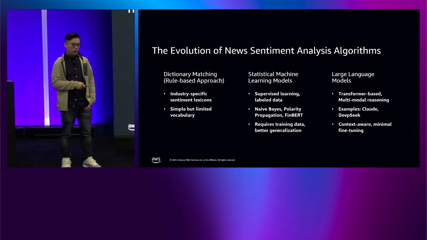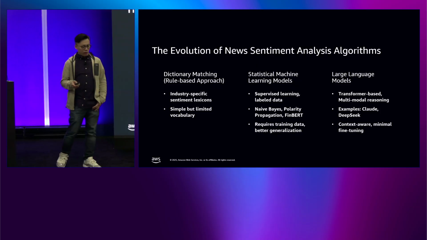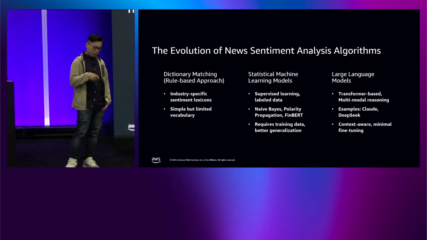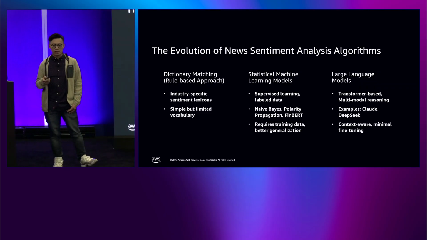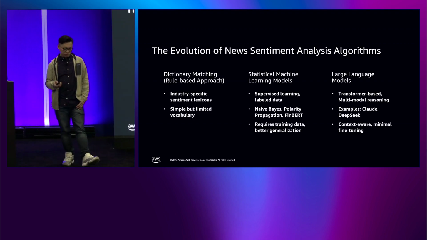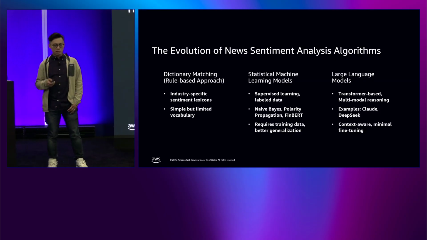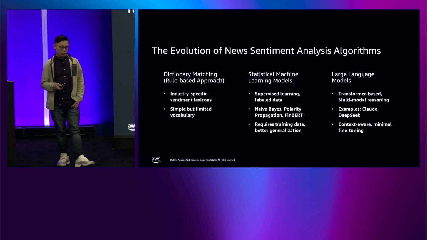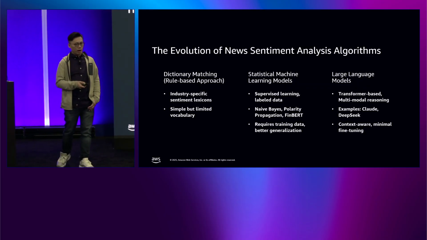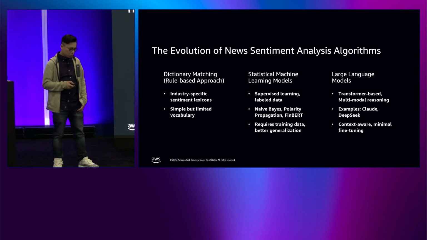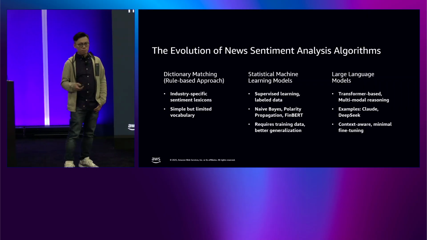Nowadays, we all have large language models, using transformer-based multimodal reasoning. With LLMs like Claude and DeepSeek, you can do context awareness with minimal or even no fine-tuning needed. You can reason on a specific news title, even with domain-specific events. For example, if a protocol exploit is exposed, you can ask the LLM, with a reasoning model, whether this has cross-chain impact. This is the foundation of the agentic approach.